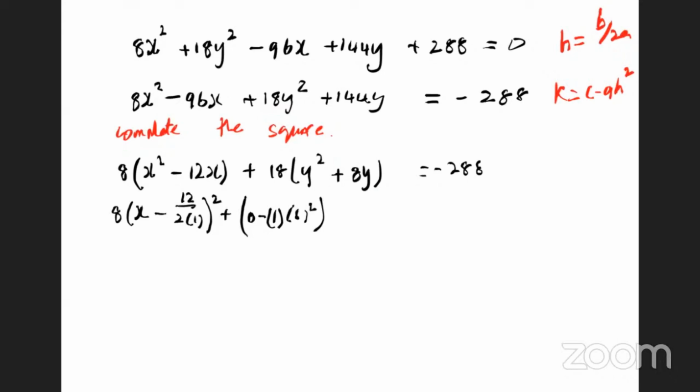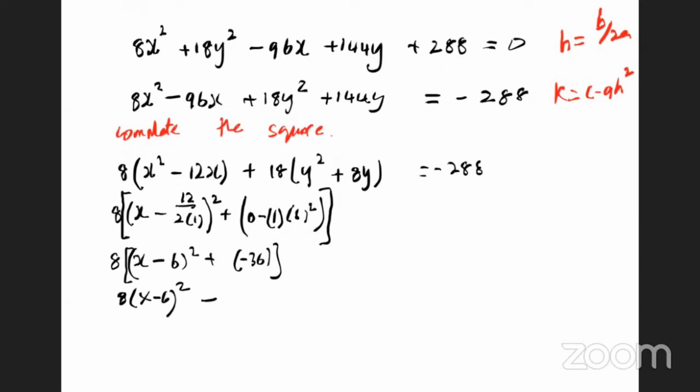Sorry. All right. So I just complete the square inside here. So that'll be 8 by, open brackets, x minus 6 squared plus minus 36. And then I'm going to multiply everything by 8. 8 by x minus 6 squared minus 8 by 36.